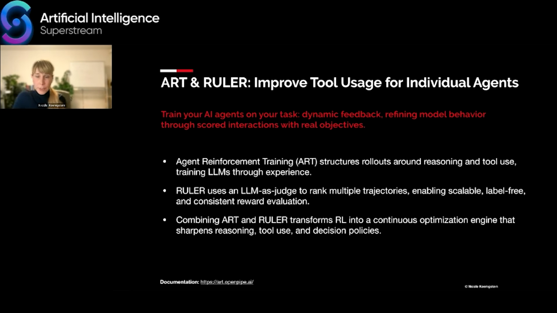It uses GRPO, group relative policy optimization, and even the newer one, which was introduced just recently for Qwen3, which is group sequence policy optimization. One operates on the token level and the other on the whole sequence level. And you can use both to improve your models or better your agents for tool usage. And this is for individual agents.